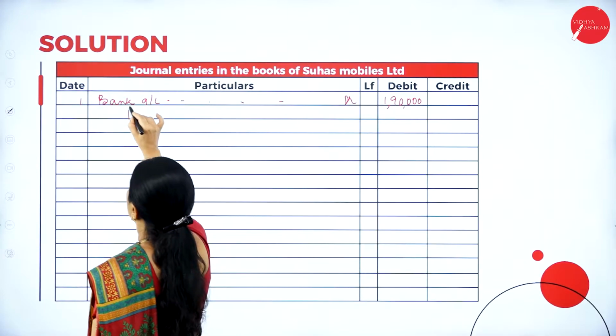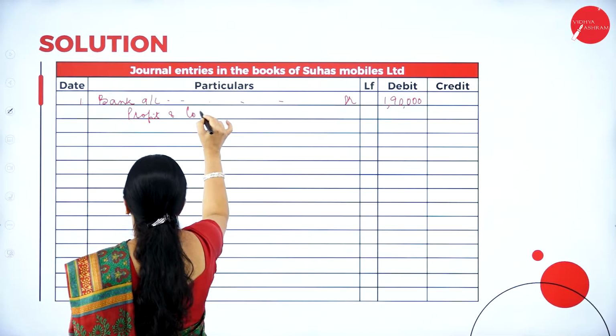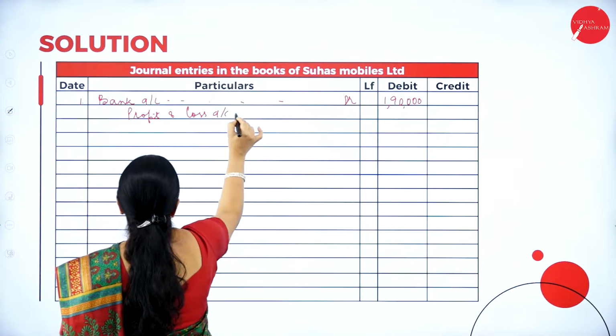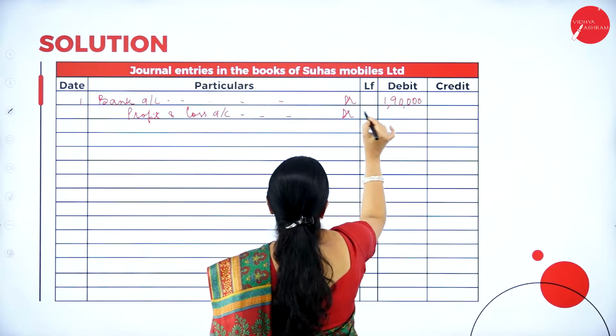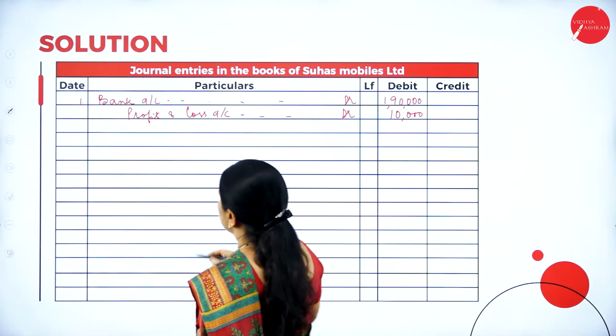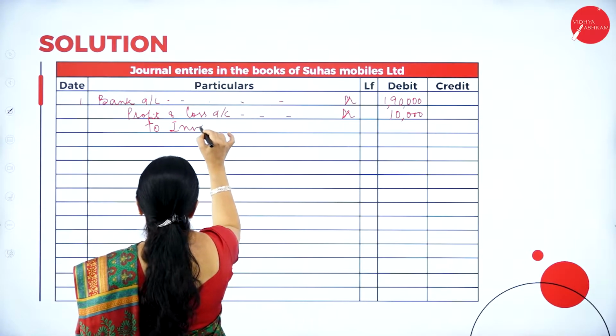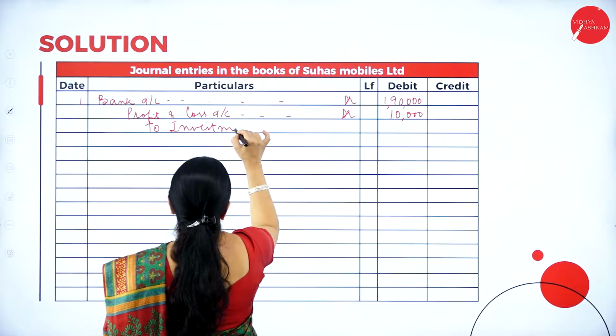Then profit and loss account debtor 10,000 to investments account.